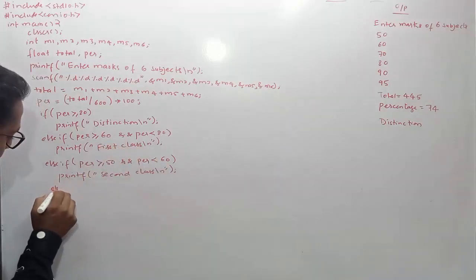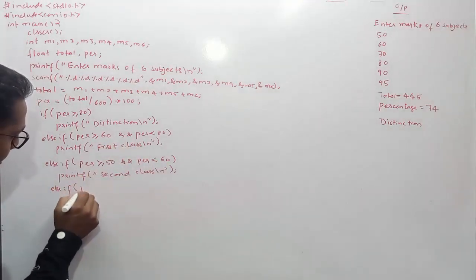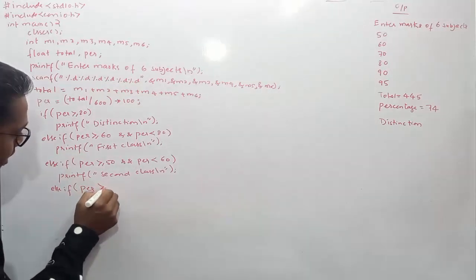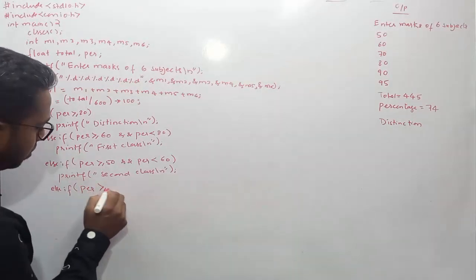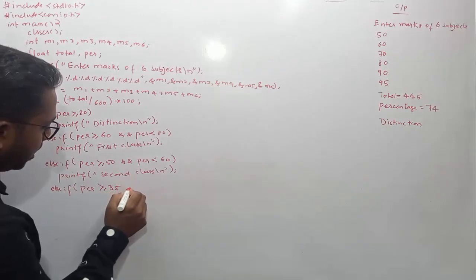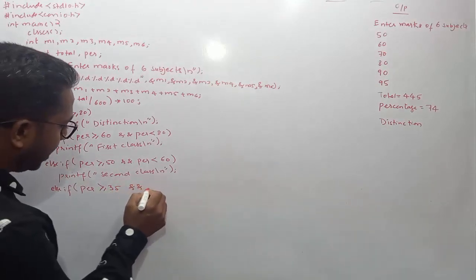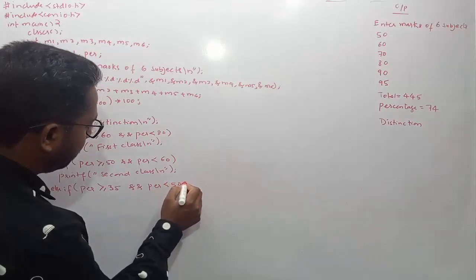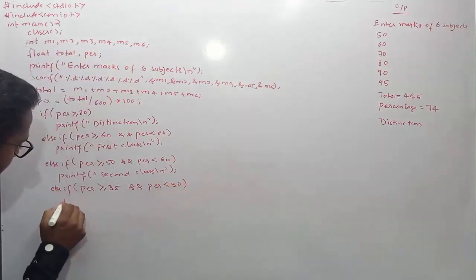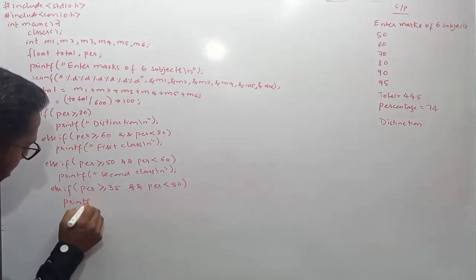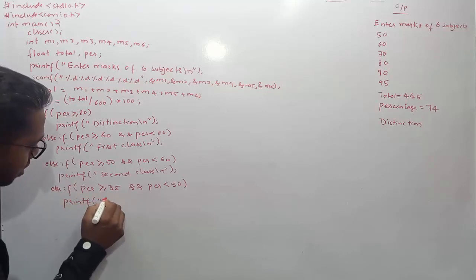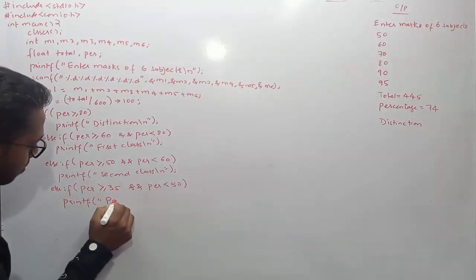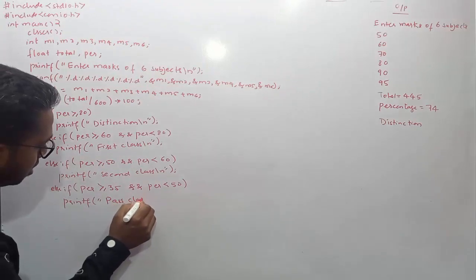Next, else if percentage is greater than or equal to 35 and percentage is less than 50, then printf pass class.